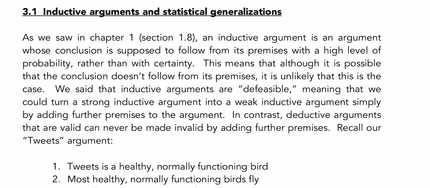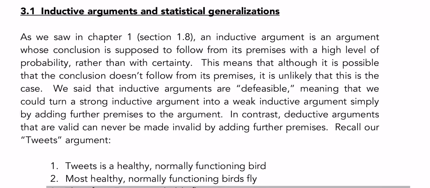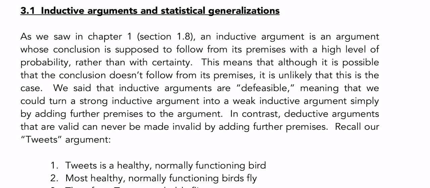In deductive reasoning, we say with certainty that the result will be true or valid. So that is one difference. The second difference is that in inductive arguments we move from the specific to the general, and in deductive reasoning we move from the general to the specific. So these are the two differences between inductive and deductive arguments.